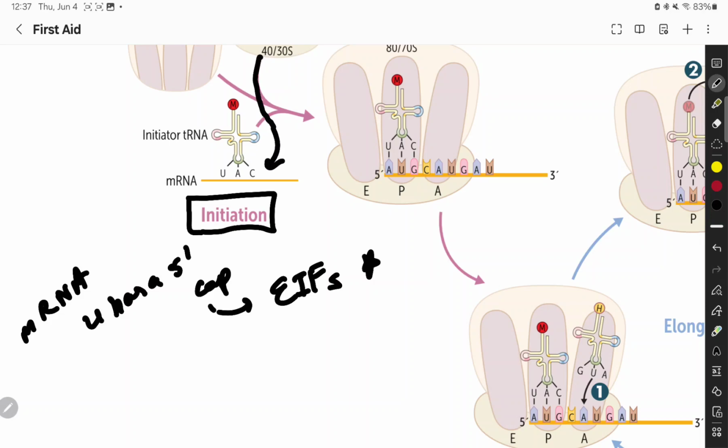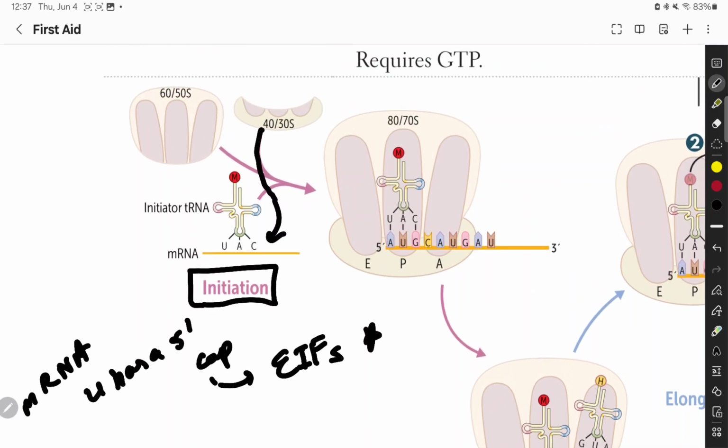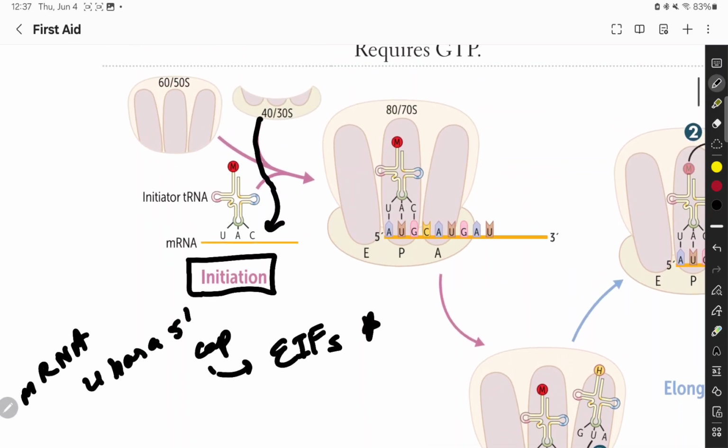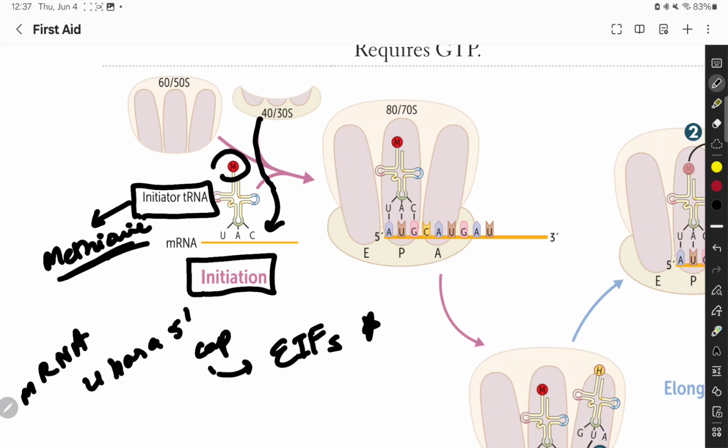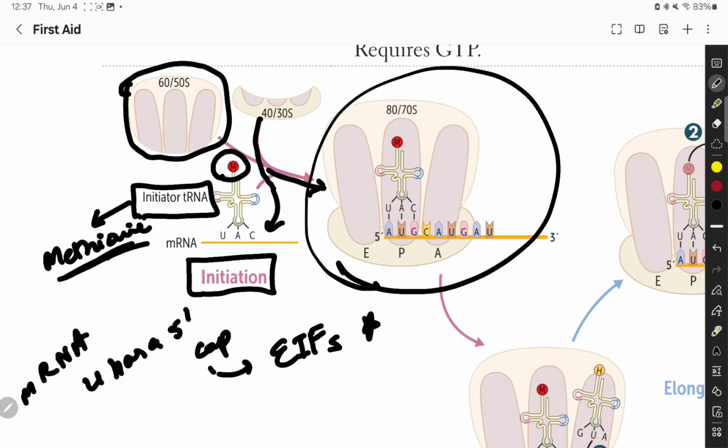messenger RNA. Once this occurs, the initiator transfer RNA, which contains methionine, carries methionine over here. You need to remember that this, along with the 60S ribosomal subunit, they go and form this complex.